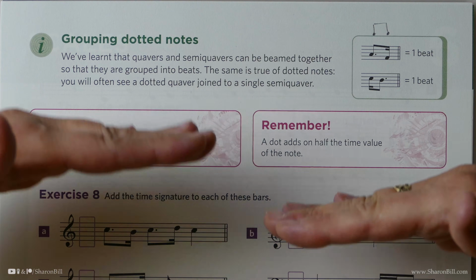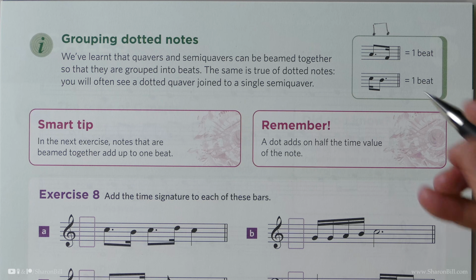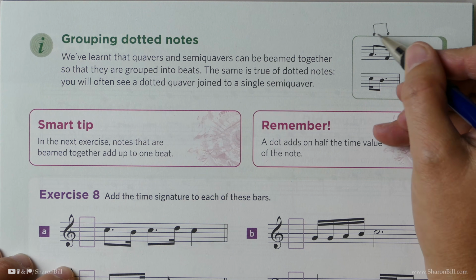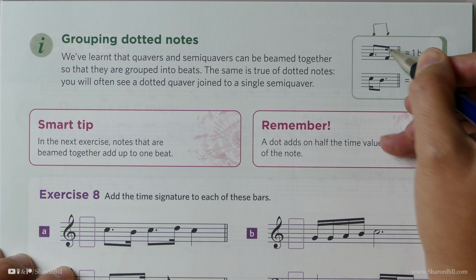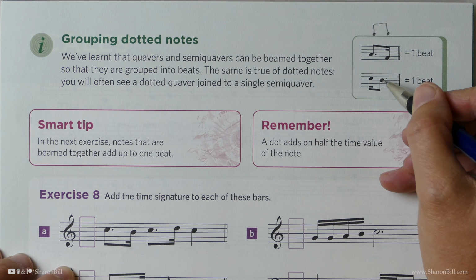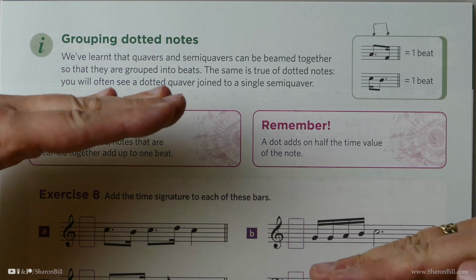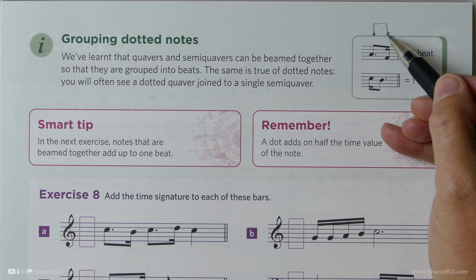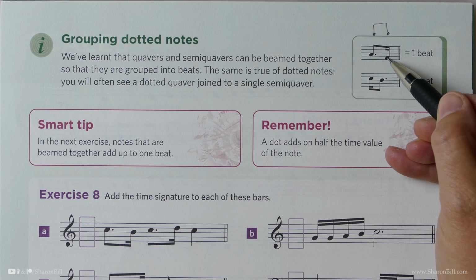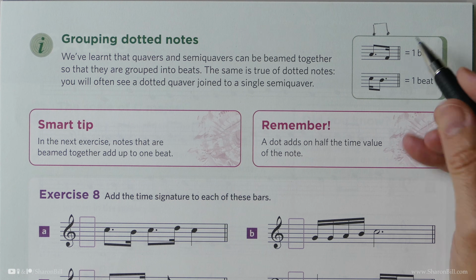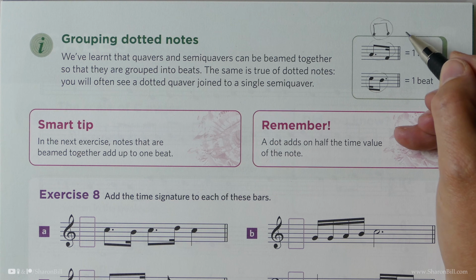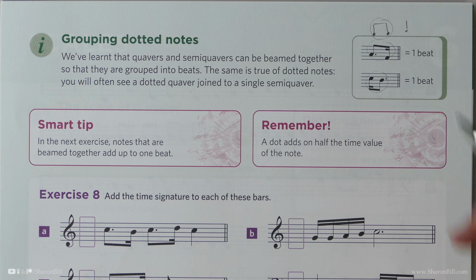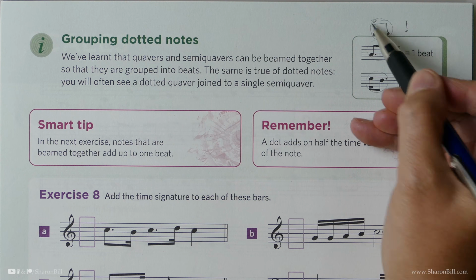And I imagine that is how this works out, because here we have two equal halves, but if one gets longer, the other must get shorter. This one is shorter, therefore this one must get longer. So instead of having half and a half, we've got 3/4 and a quarter, or quarters and 3/4, but they are all grouped the same, showing that crotchet beat, so we can see where each new beat falls.